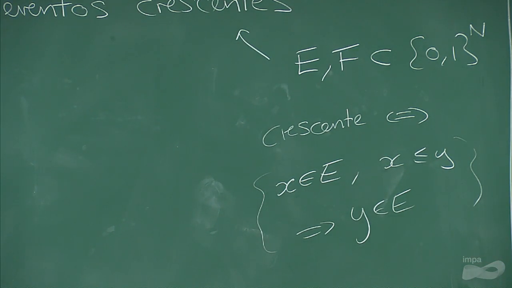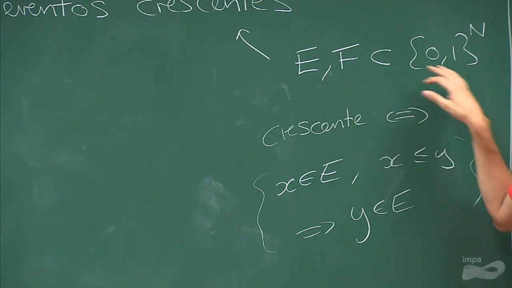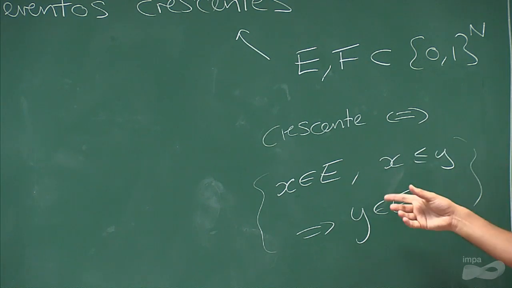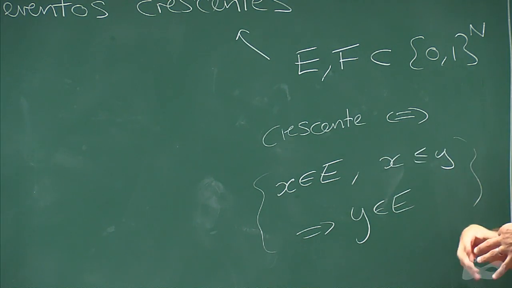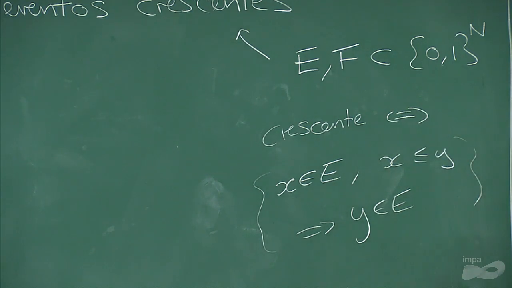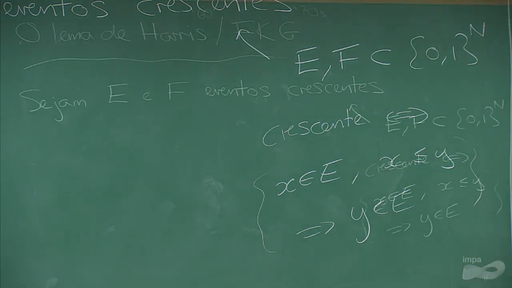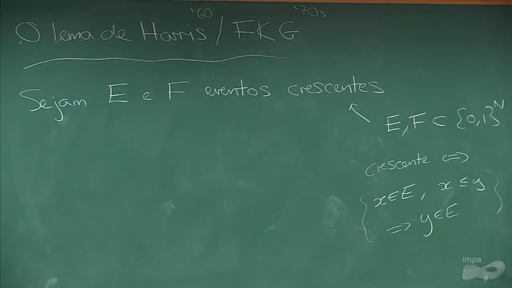Does it make sense? If you're thinking of properties of graphs, you can think of these as families of graphs, and increasing means if you add edges, you stay in the property. So exactly the same thing as we had in the Bollobás-Thomason theorem. It's the same notion of increasing. Is it okay?